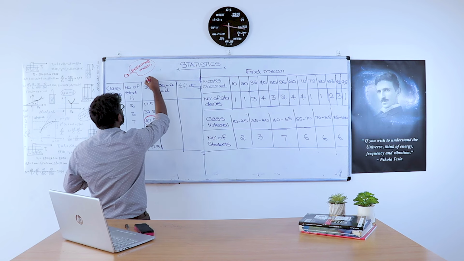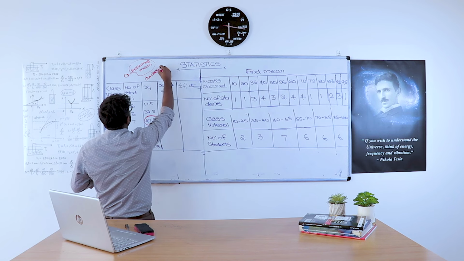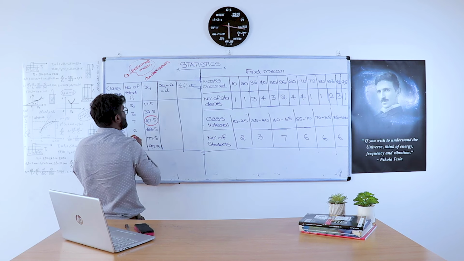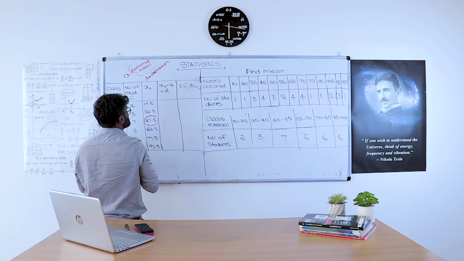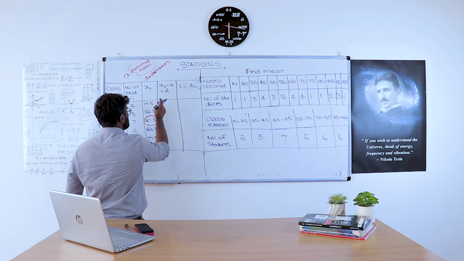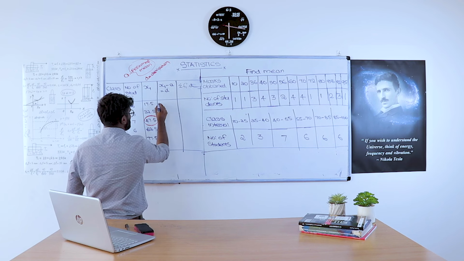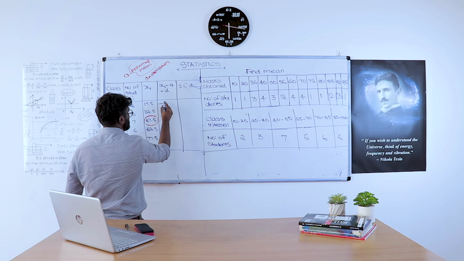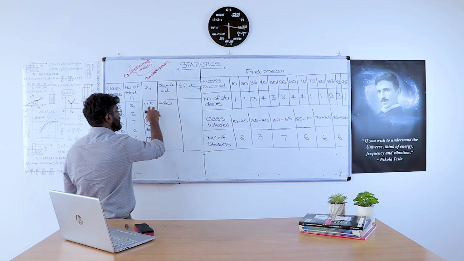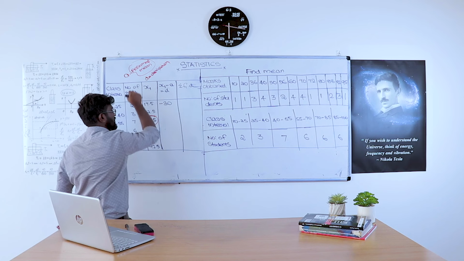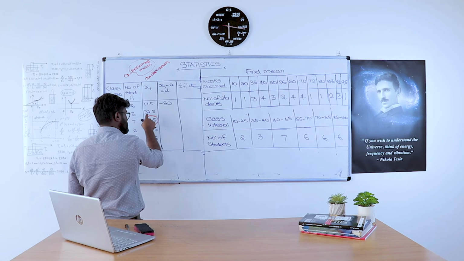How will you find the deviation? Deviation d equals xi minus a. So xi is 17.5, a is 47.5. 17.5 minus 47.5 is minus 30. So the deviation for the first value is minus 30. Second value is 32.5.